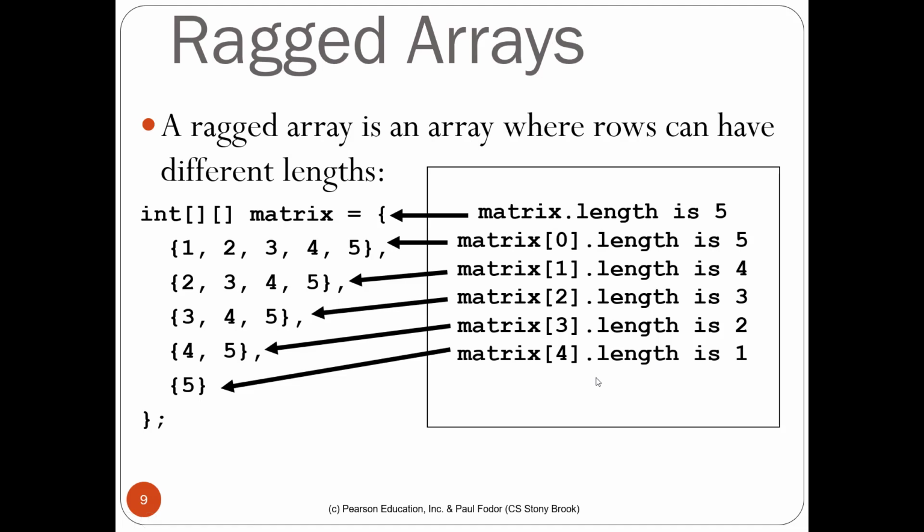You should ask Java to provide the number of columns in a specific row, so this square bracket is important. You'll realize these things as we do more practice, in your labs and also in your homework.